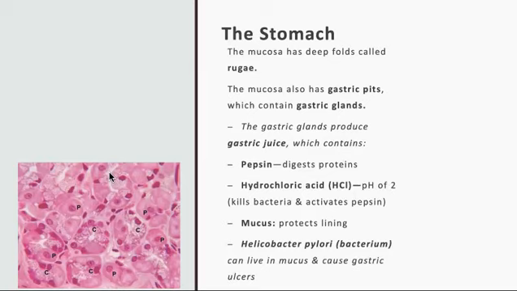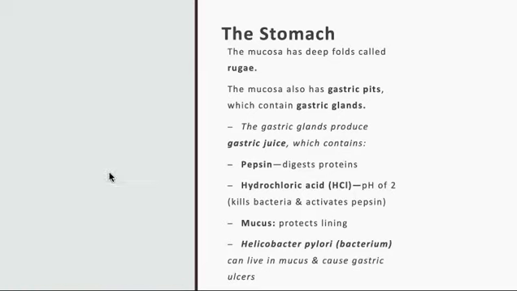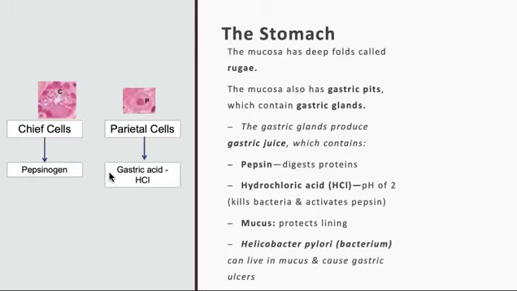So we are going to have certain cells. Let me see if my animations are going to work properly here. Certain cells in here known as our chief cells are going to produce an inactive enzyme known as pepsinogen, and then our other cells known as parietal cells are going to be in charge of producing gastric acid or hydrochloric acid.